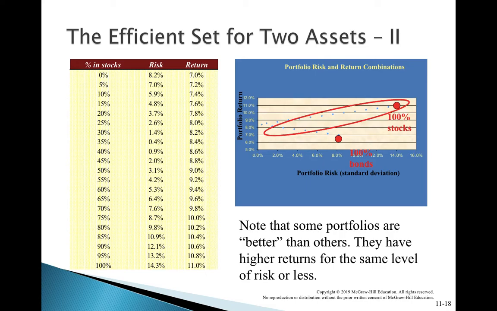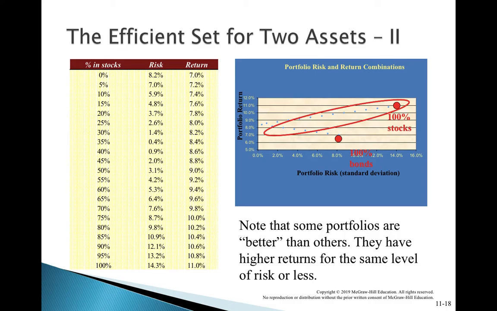So note that some portfolios are better than the others. You can see, for example, 0% stock, 100% bond gives you 8.2% risk, 7% return. But if you go to 5% stock, 95% bond, you find the difference, return increased, risk decreased. So it is a better portfolio.